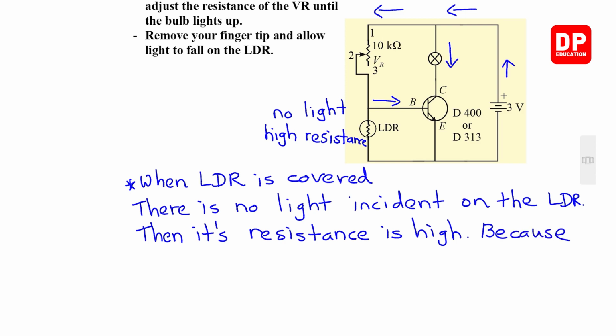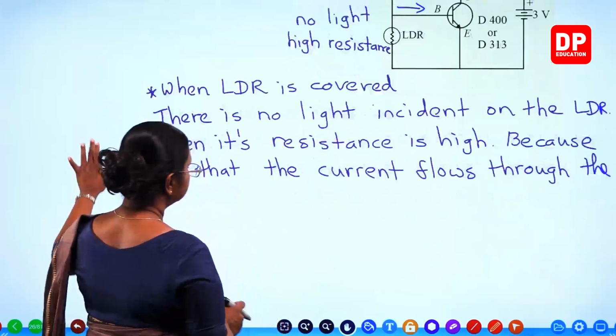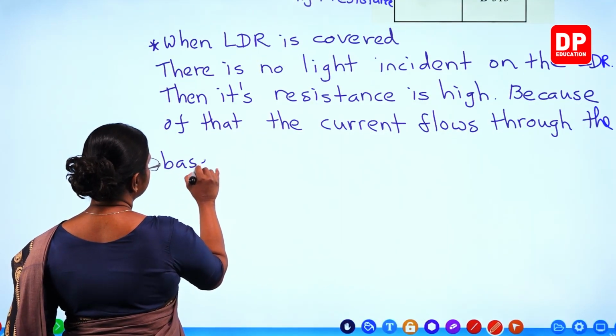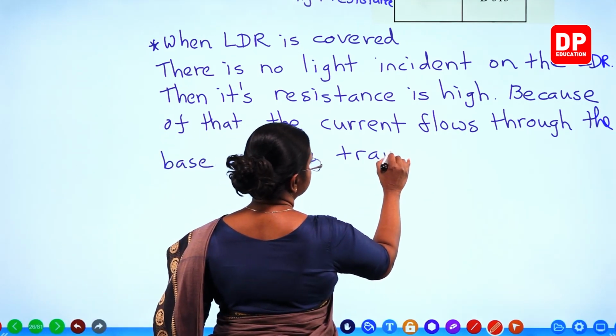Because of that, the current flows through the base of the transistor.